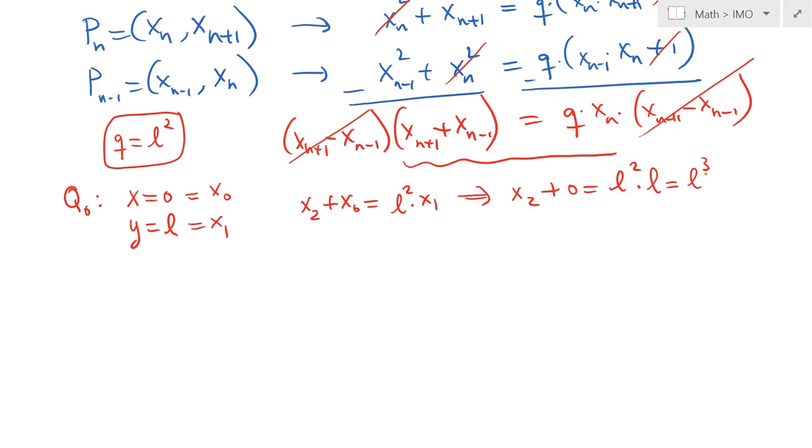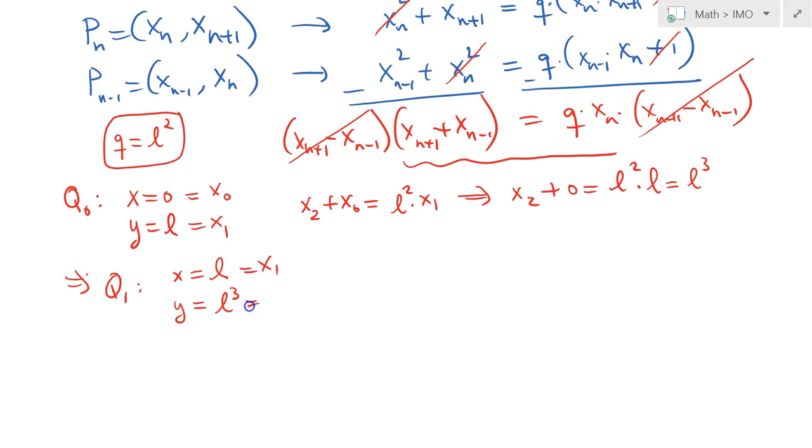Therefore our point q1 is simply the point with x coordinate L and y coordinate L cubed.